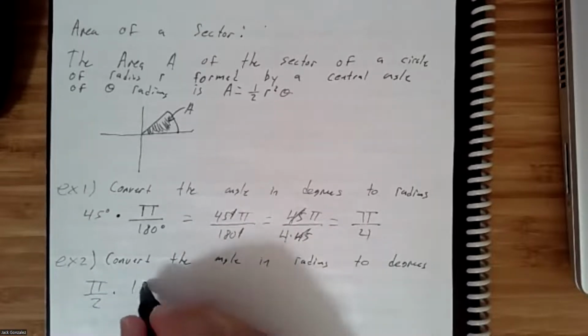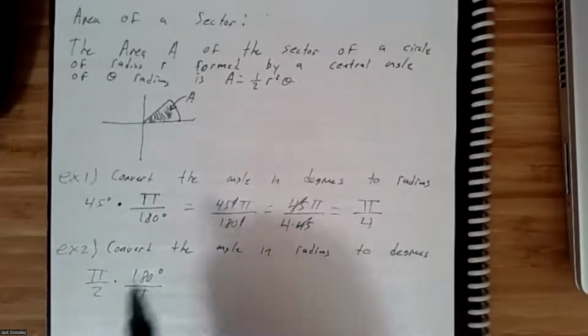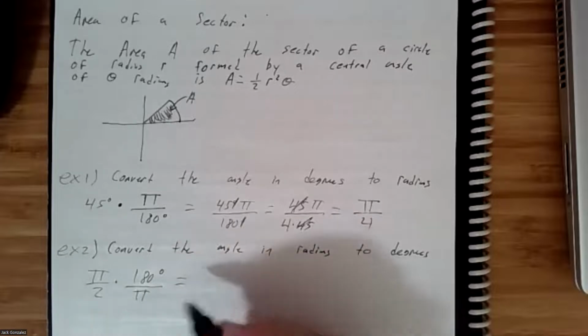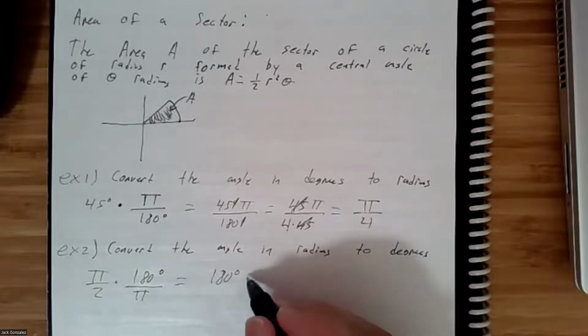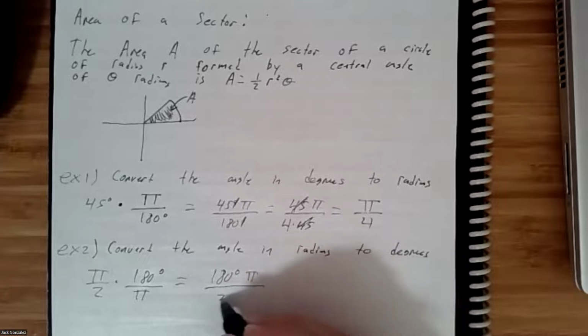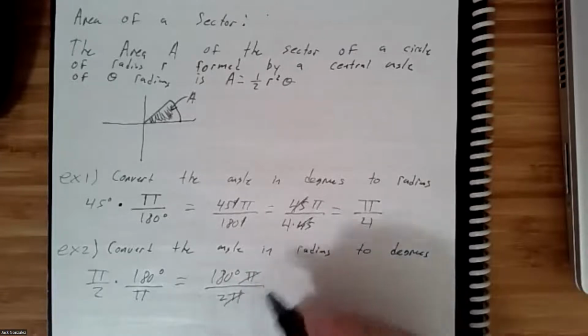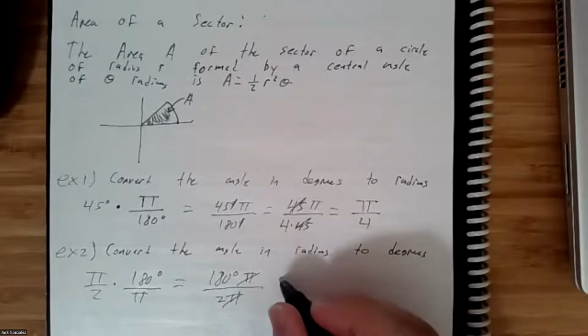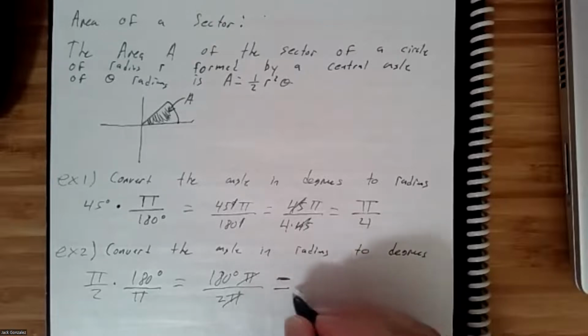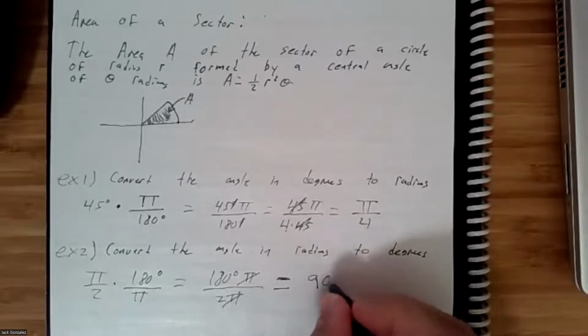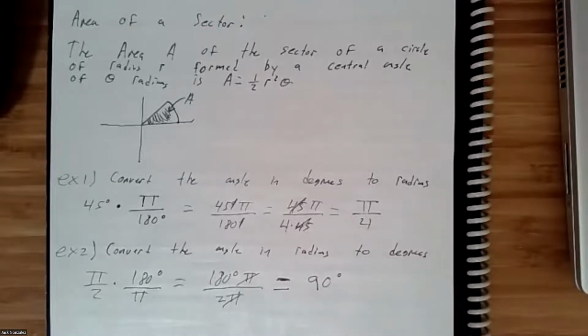So you multiply by 180 over pi. See how it's just the reciprocal? These pi's will cancel. So what is 180 divided by 2? 90. It has to be in degrees, 90 degrees. So nothing too crazy, right? As you can see, this section is a lot more chill compared to the last one. That's just how this class starts.